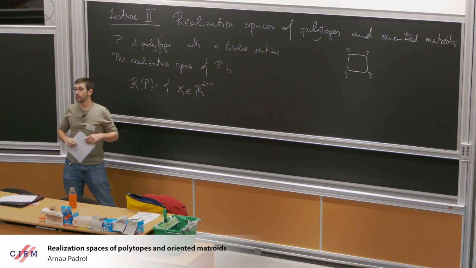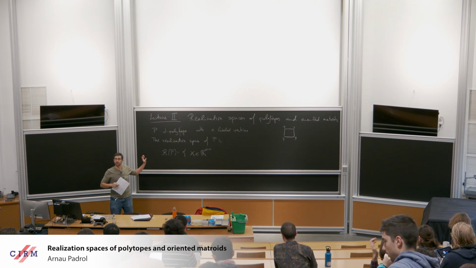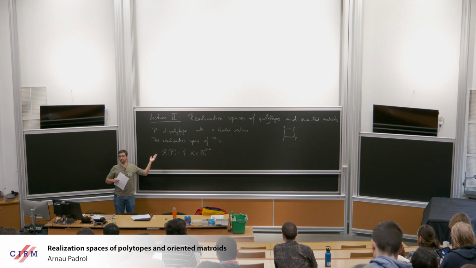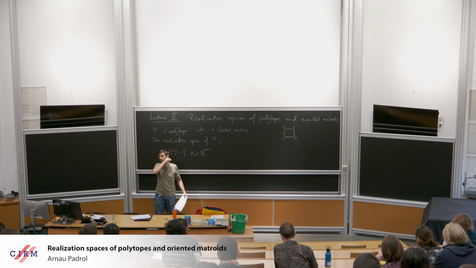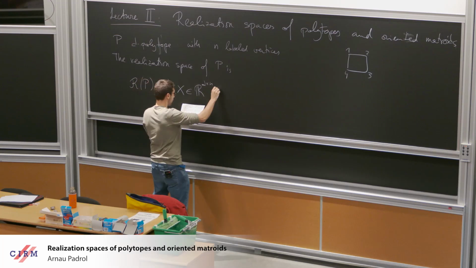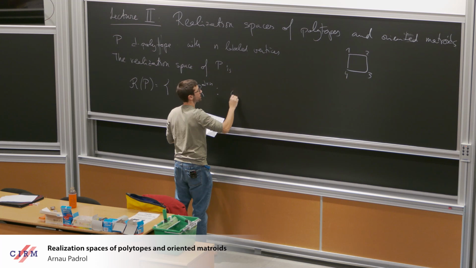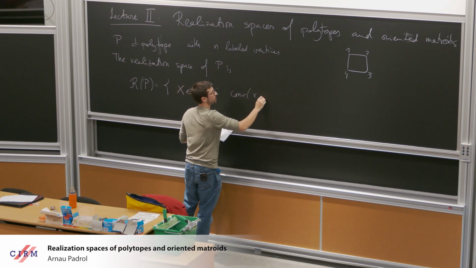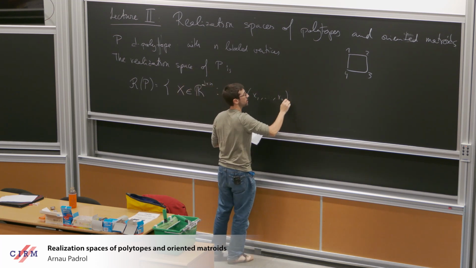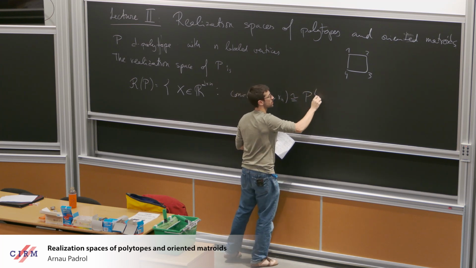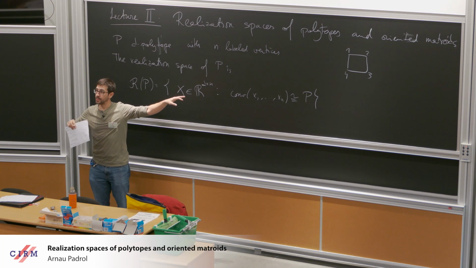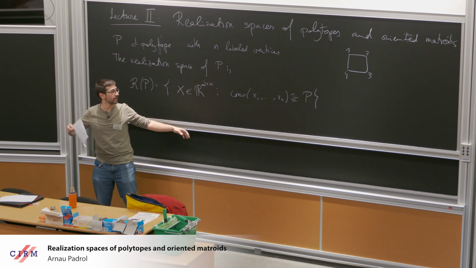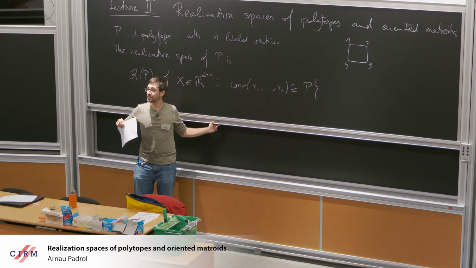And you see why labeled is important, because the order of the columns in this matrix will matter. Essentially, this is there to kill the symmetries of the problem. So I'll take all the matrices such that the convex hull of these endpoints has the same combinatorial structure as P. By the same combinatorial structure, I mean the same face lattice, lattice of faces, but labeled.